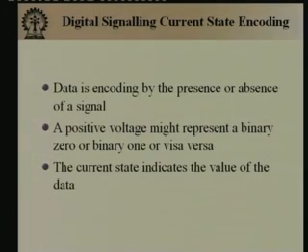Of course, when I am saying voltage, I am assuming that we have some kind of electrical signal travelling. That is not always the case. For example, if you are using light for communication, the presence of light might indicate a 1 and the absence of light may indicate a 0. So, whatever way you code it, whatever be the medium, this is the simplest way to encode data into a digital form. So, the current state indicates the value of the data.